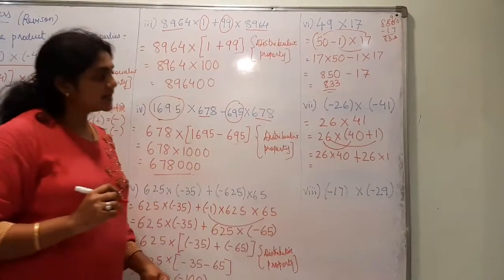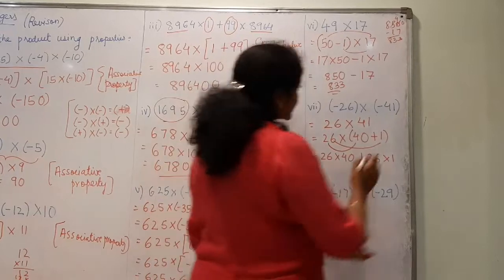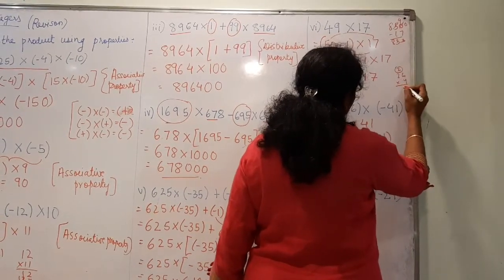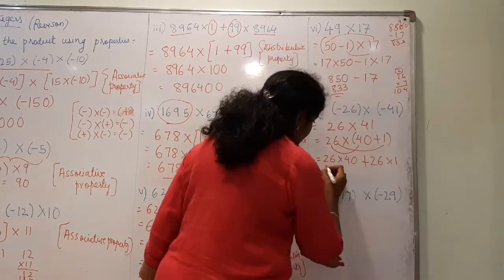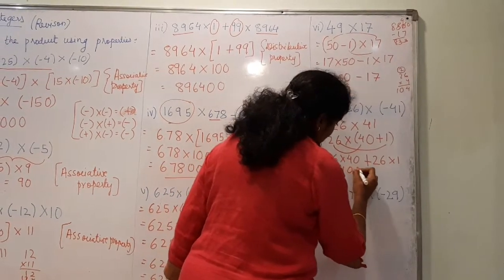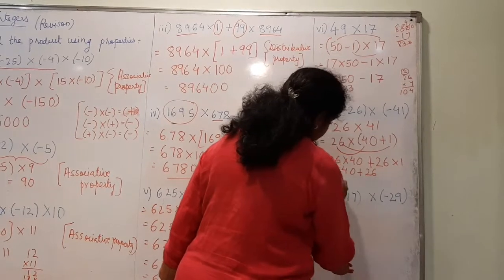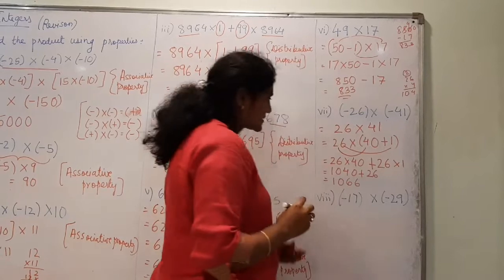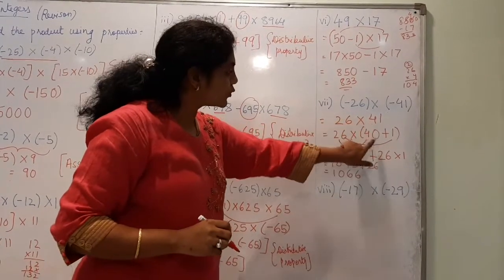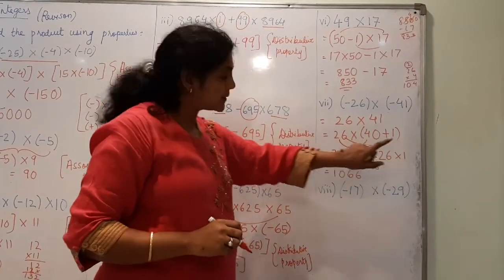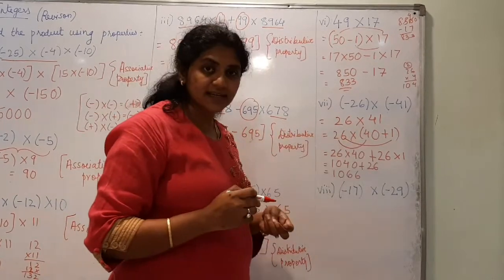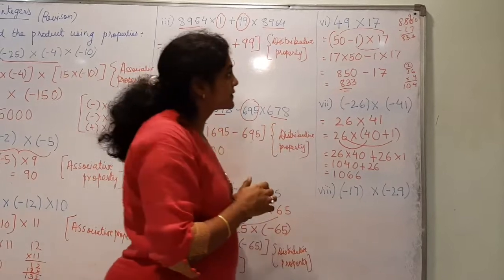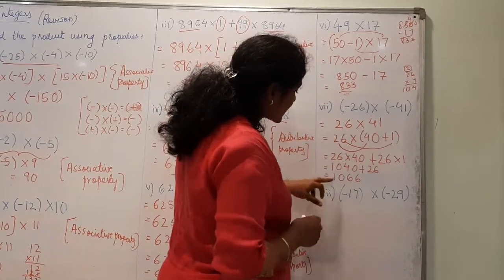So 26 into 40, what is it? Yes, 1040 plus 26. So this will be 1066. Again splitting 41 as 40 plus 1, multiplying 26 with both the terms, and the plus sign will remain as it is. So here the answer is 1066.